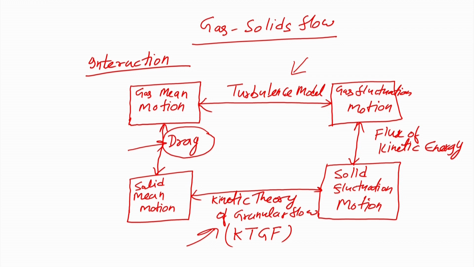Okay. So, what we are going to discuss mainly is the drag and the kinetic theory of the granular flow. What is drag? Drag is nothing but an interaction force between the solid mean motion and the fluid mean motion. Okay. So, how is the drag defined, because we are going to do that.